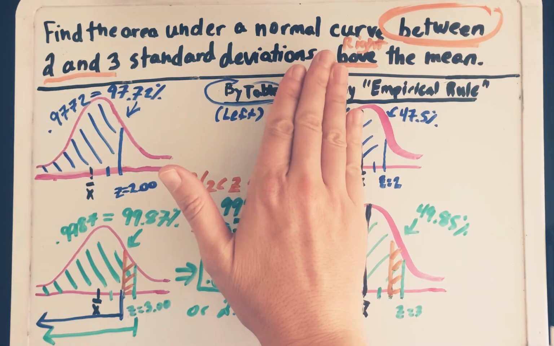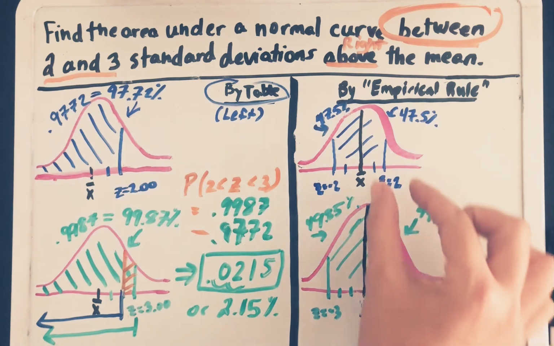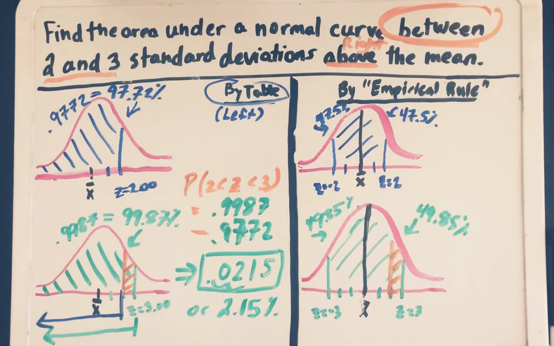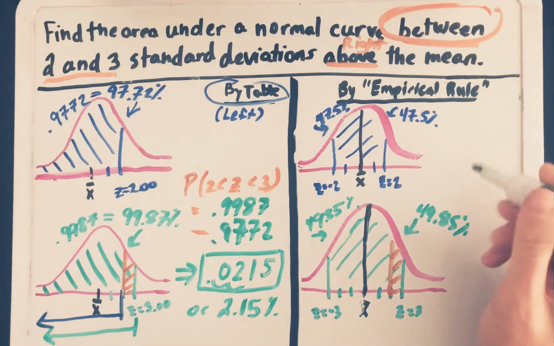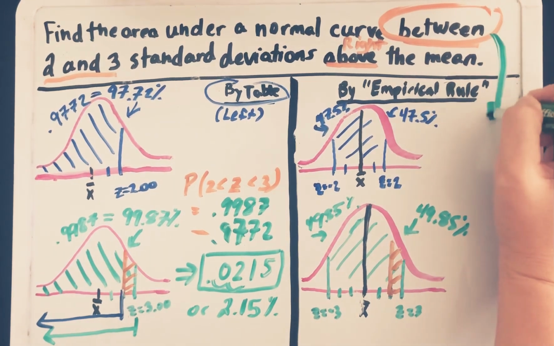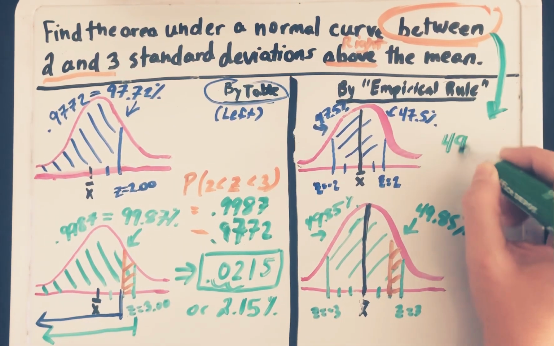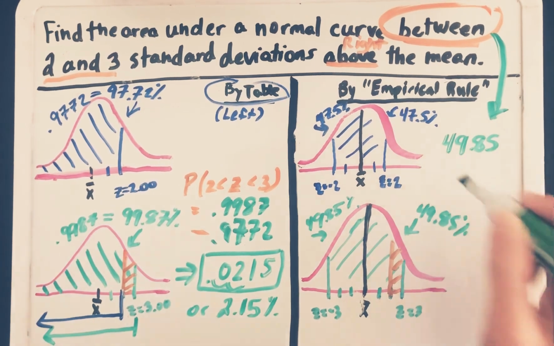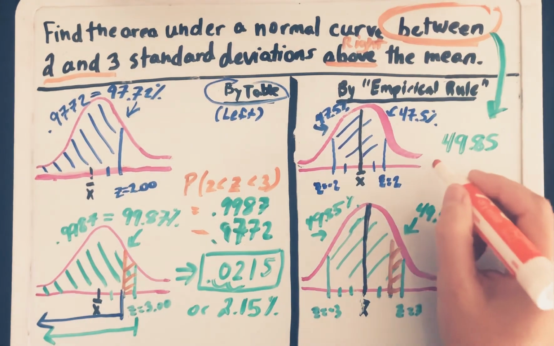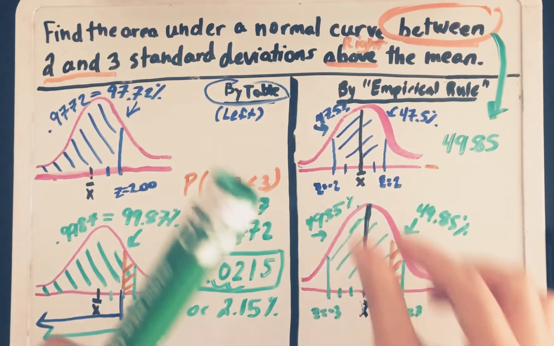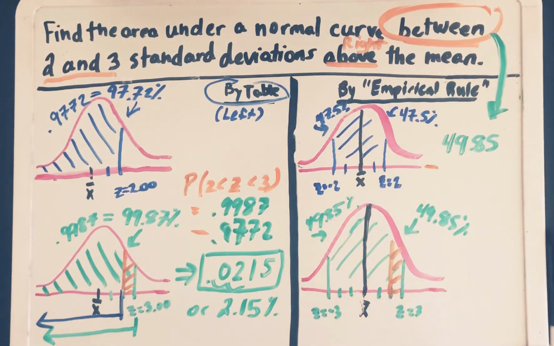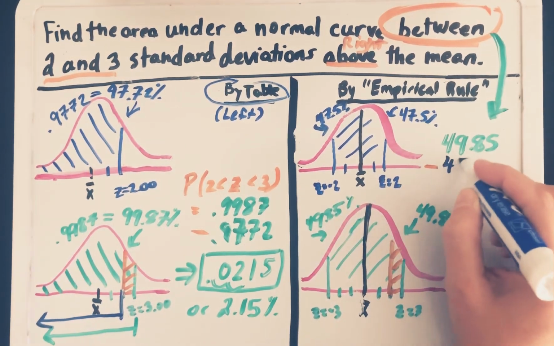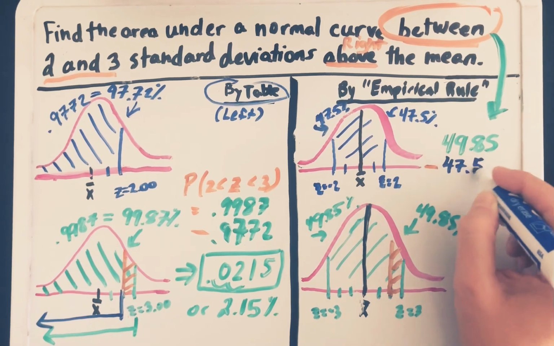So I would simply subtract the larger green area minus the smaller blue area. So as percentages, this answer would be found by taking 49.85% and subtracting the blue smaller region, 47.5%.